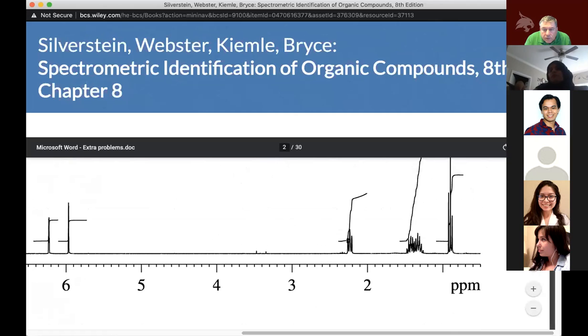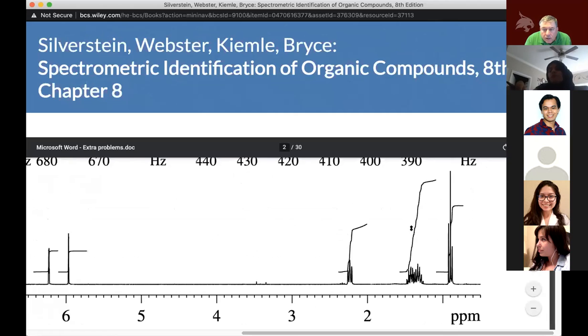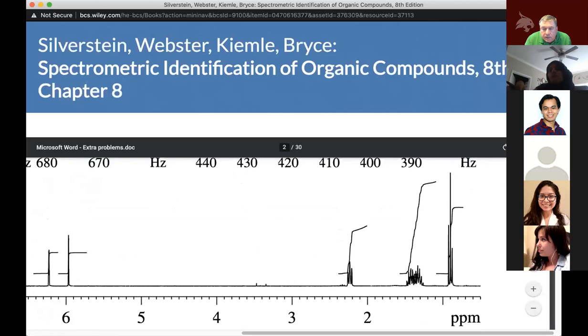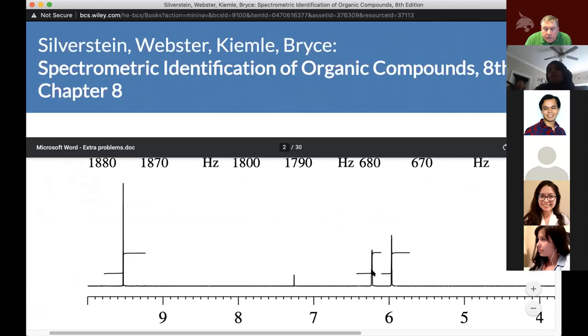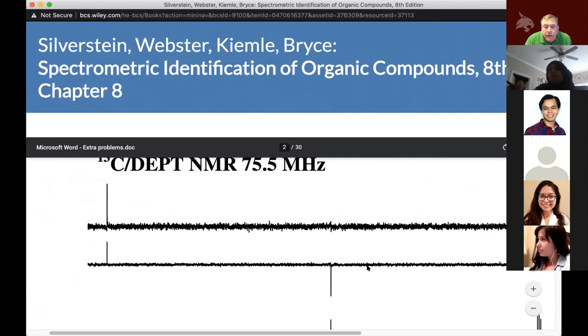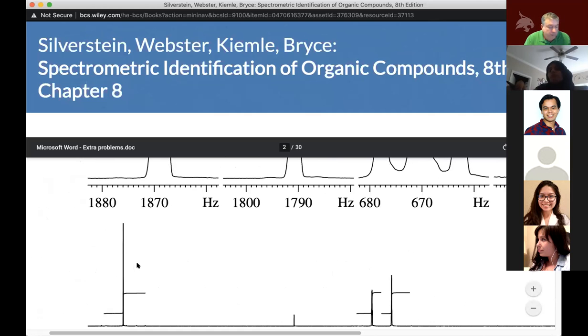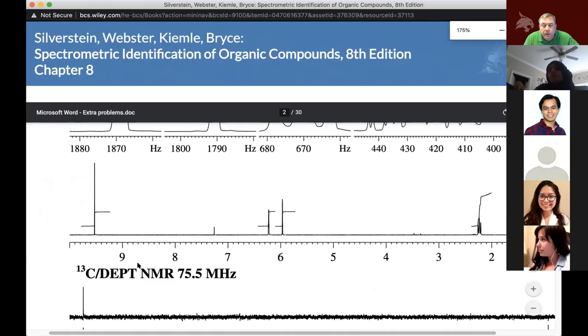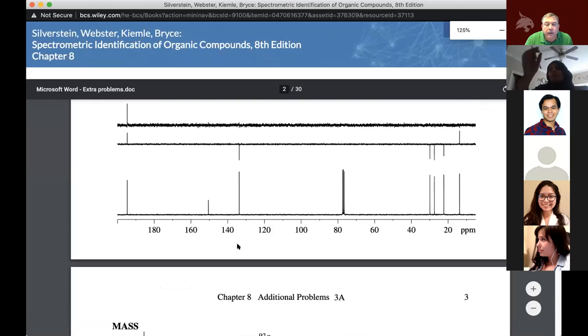No, that looks like a triplet, and that looks like a triplet, and then these look like multiplets here. So something here is splitting this, and then this is only being split by 2 protons. It's weird that that would be 2 alkene, yeah. And okay, that's the information we got from there.